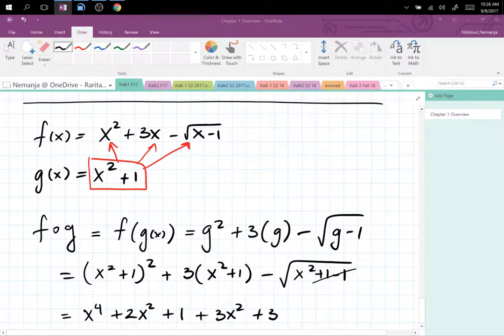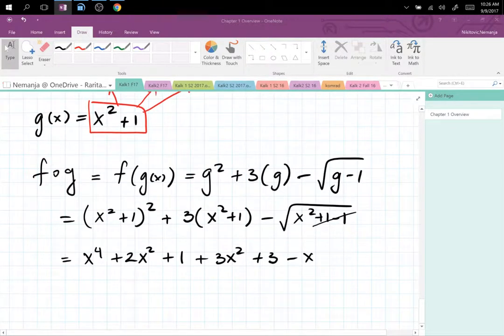These annihilate each other. That's the math term right there. So you have a square root of x squared, which is x. Beautiful. So minus x. Collect like terms. X to the 4th plus 5x squared minus x plus 4.